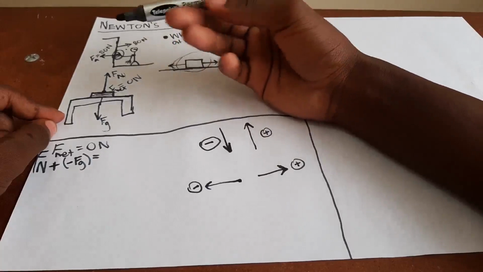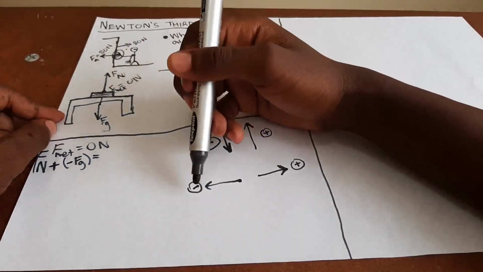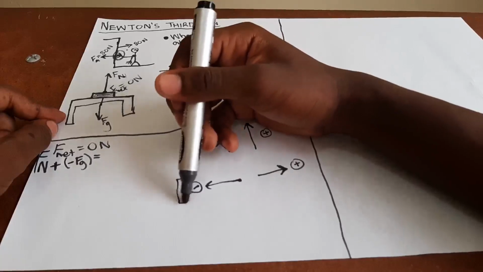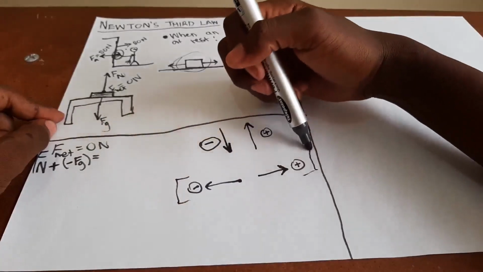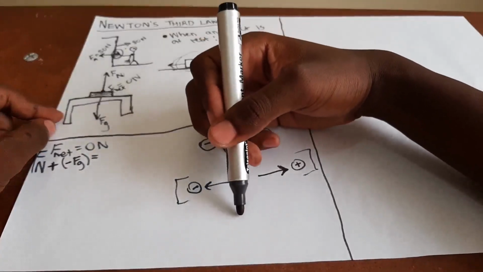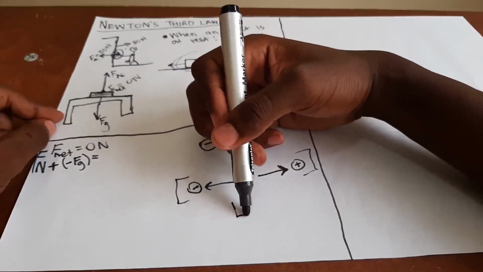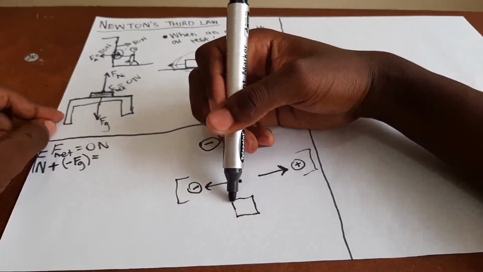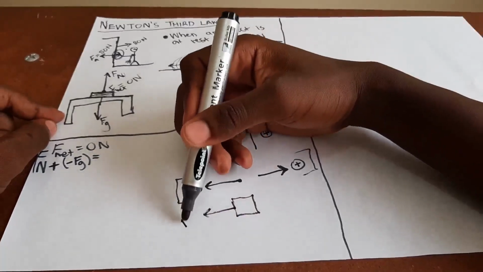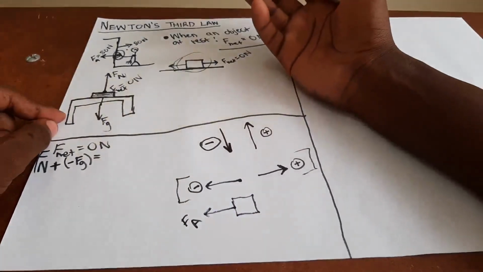So again, let me emphasize this so that you cannot get confused, because in some situations the force being applied on this object, let me write, this object is pushing this object this way. So the applied force is on this way.